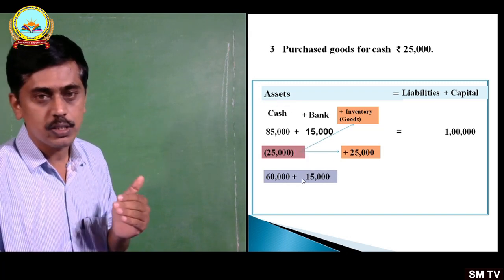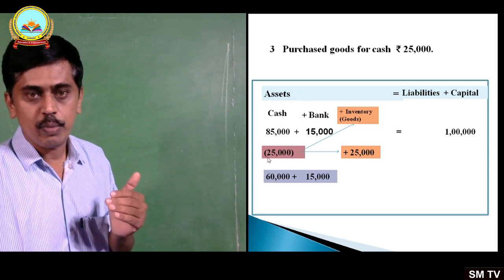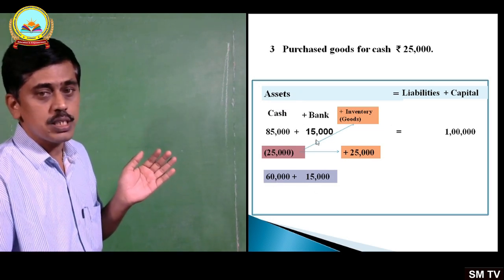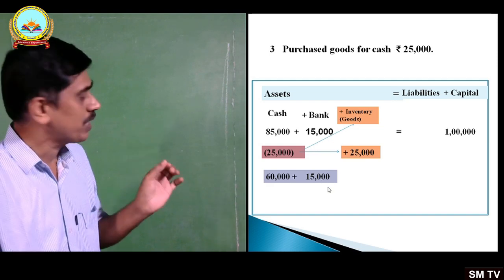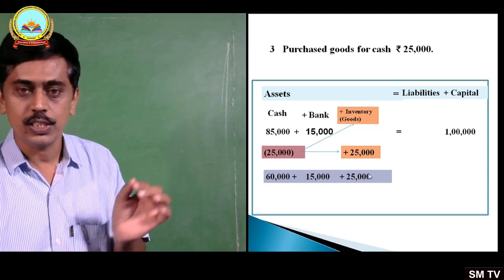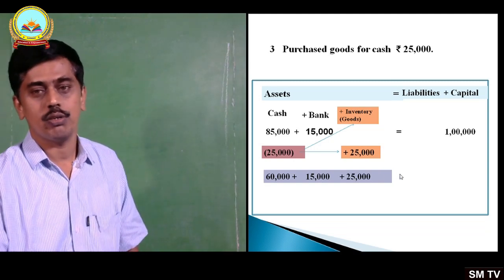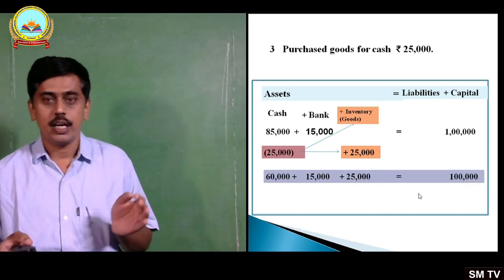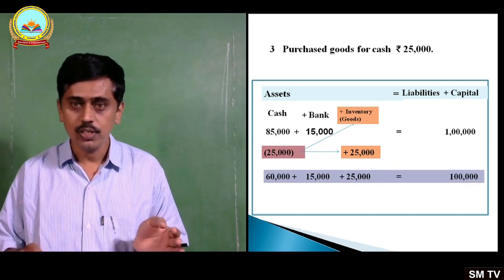Write the same amount, 15,000 only. And inventory, a new asset, is 25,000. And on the liabilities and capital side, there is no change at all.